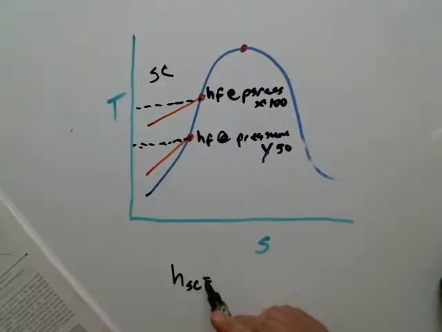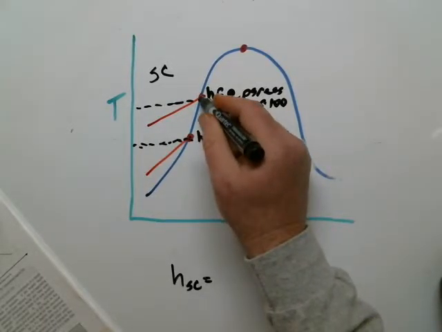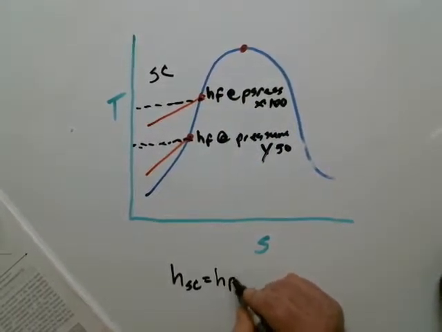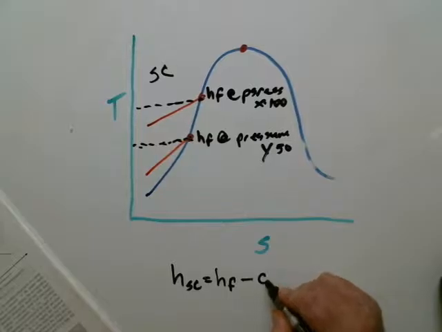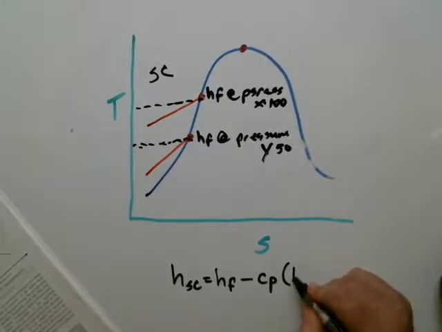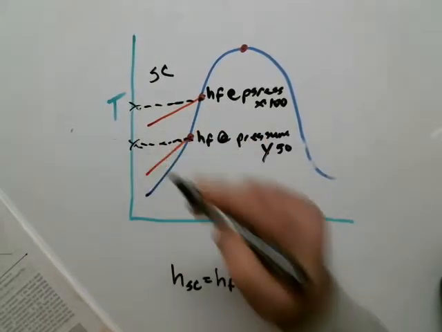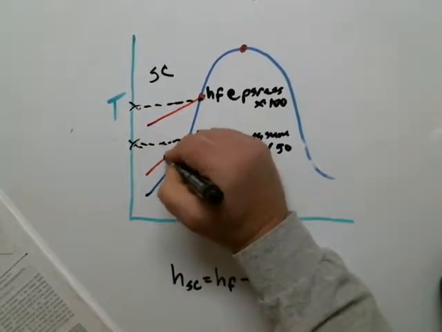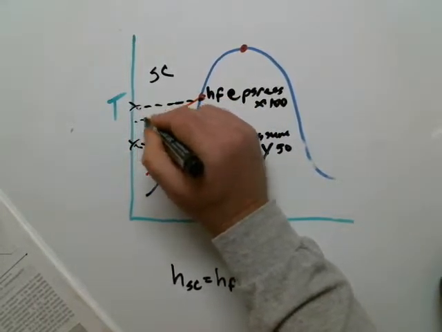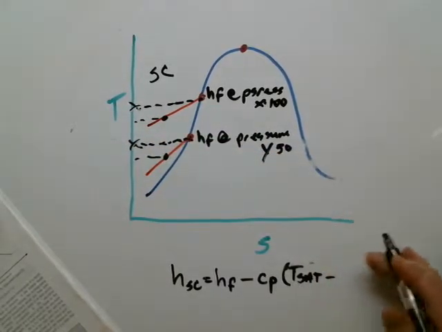In either case, I start with the h sub f for that pressure, and I subtract c sub p times T saturation, which is these, minus whatever actual temperature you are for the given pressure.